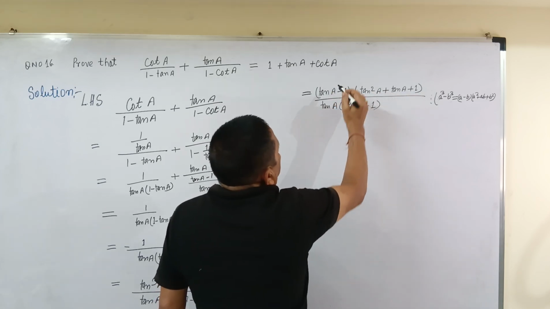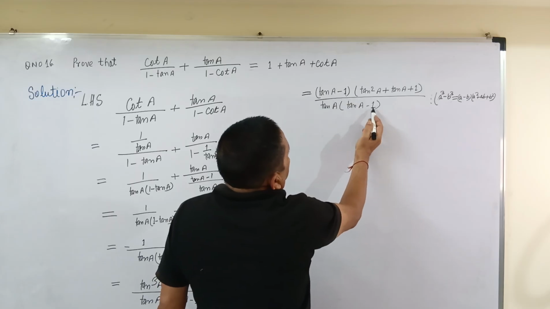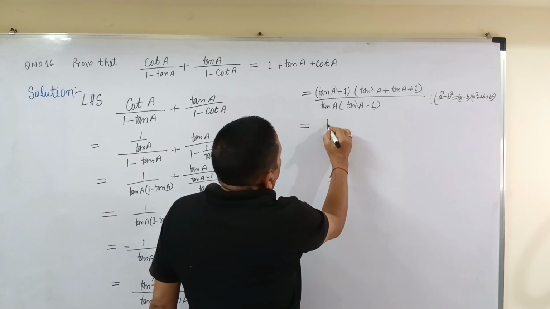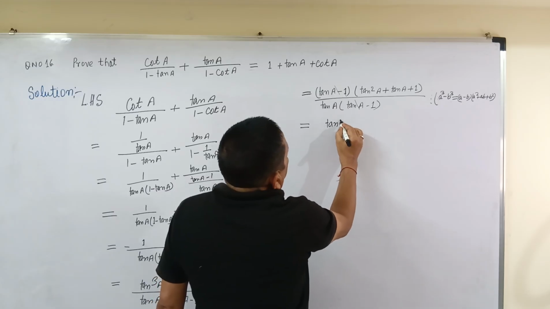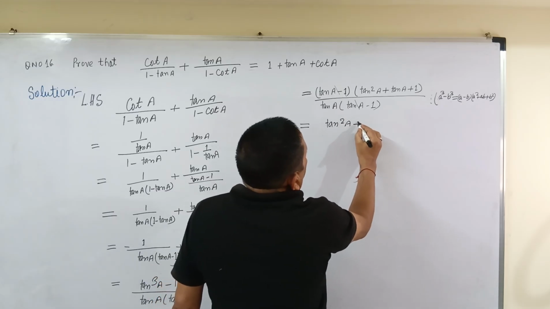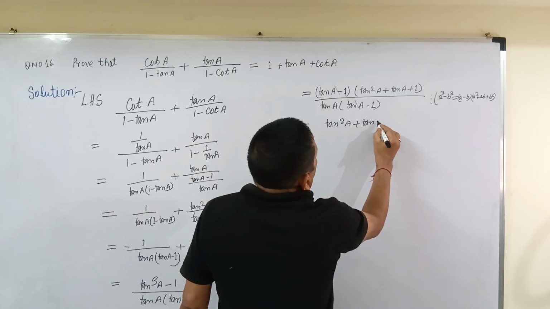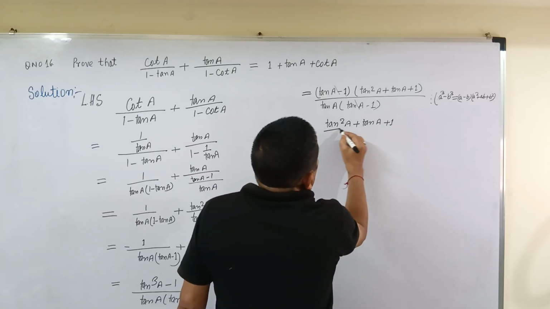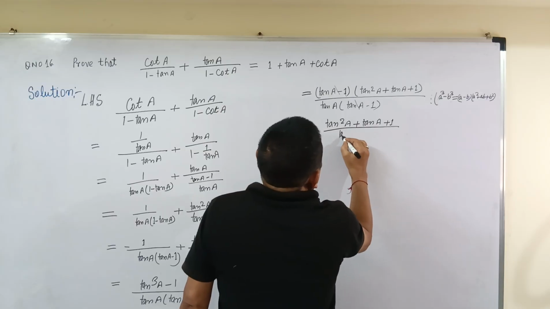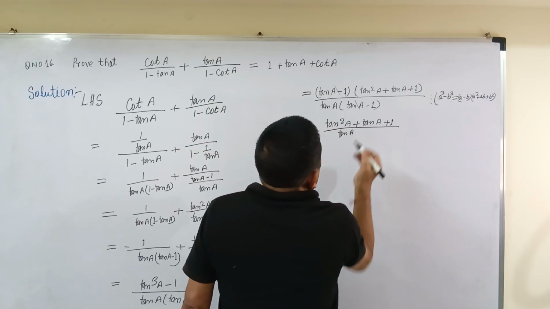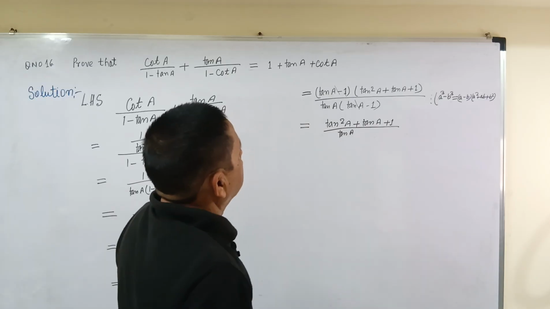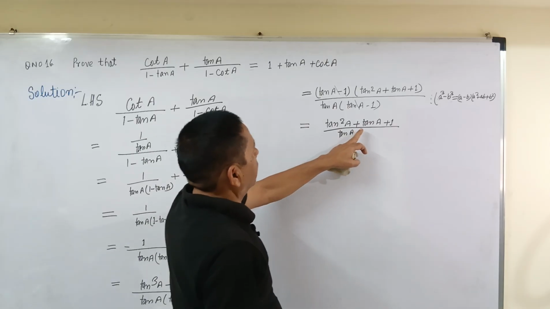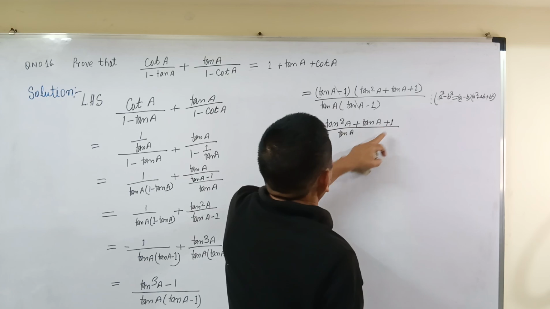Now this tan A minus 1 and this tan A minus 1 will cancel. So we will get tan square A plus tan A plus 1 upon tan A. So here we get tan square A plus tan A plus 1.